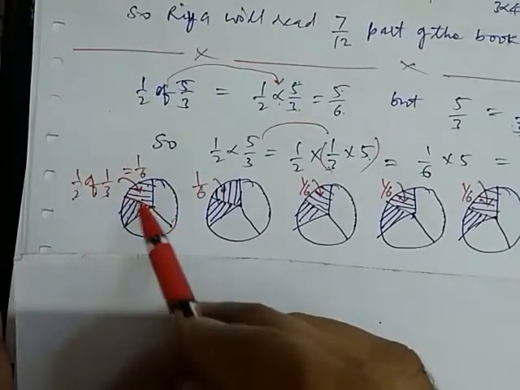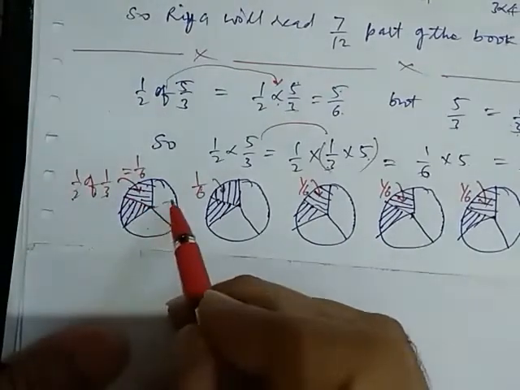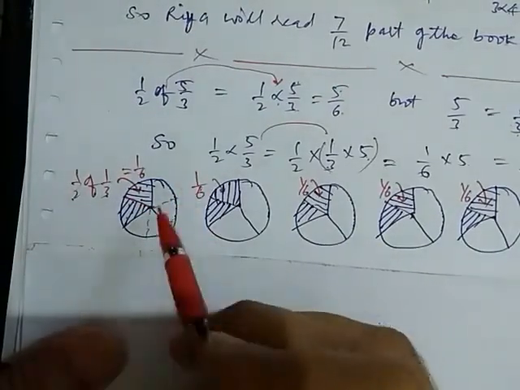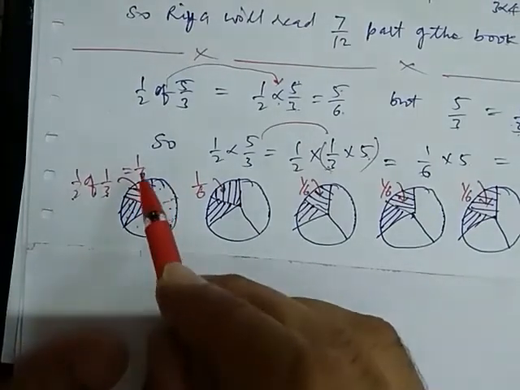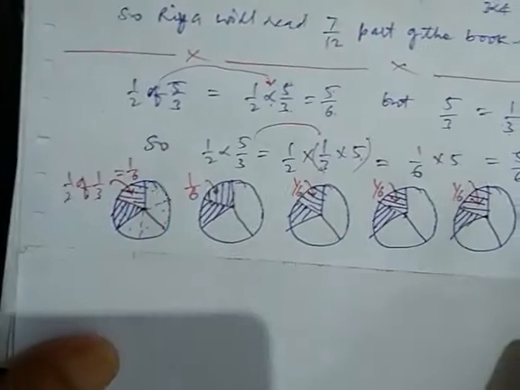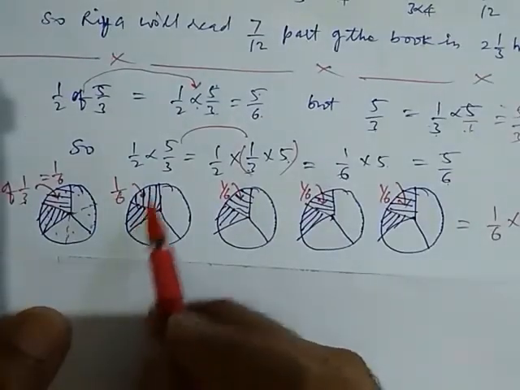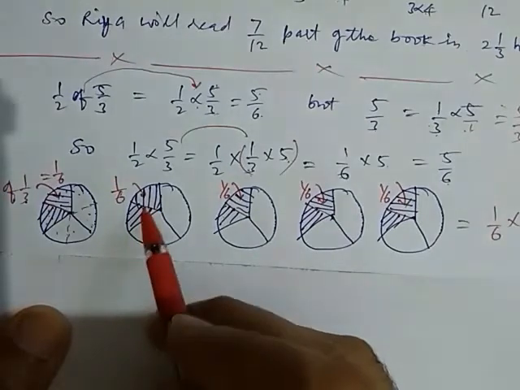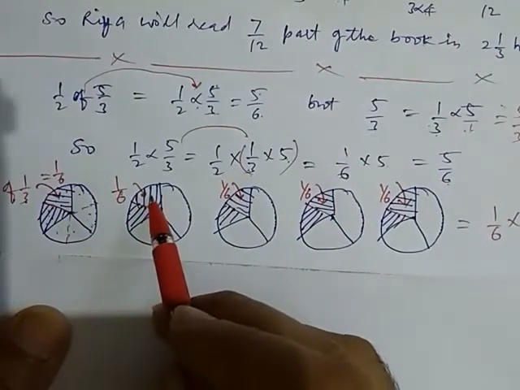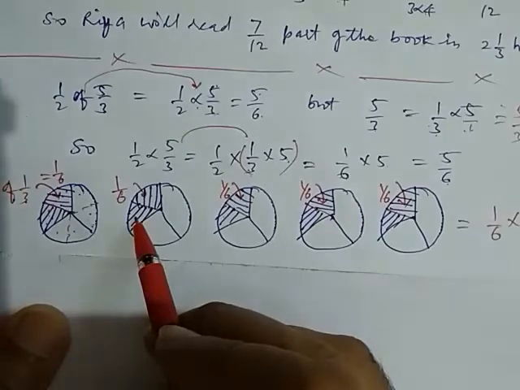So this single part is 1 by 6. And we divide these, then 1, 2, 3, 4, 5, 6. So 1 of the 6. Here each 1/3 part is divided into half. So this single part becomes 1 by 6 and the other part is 1 by 6.